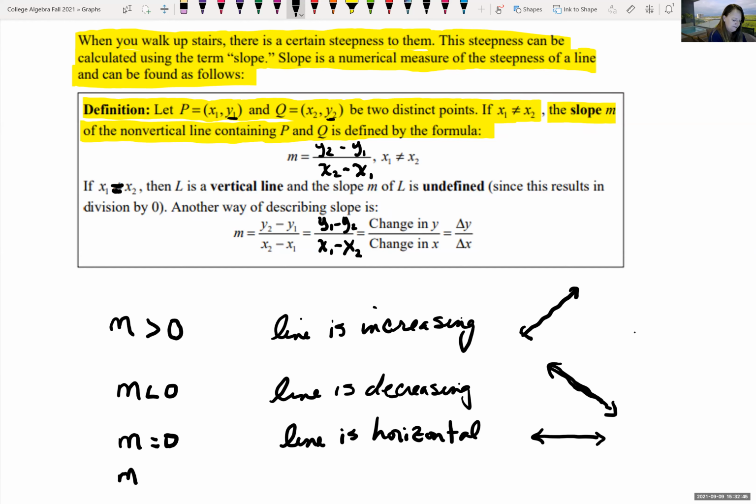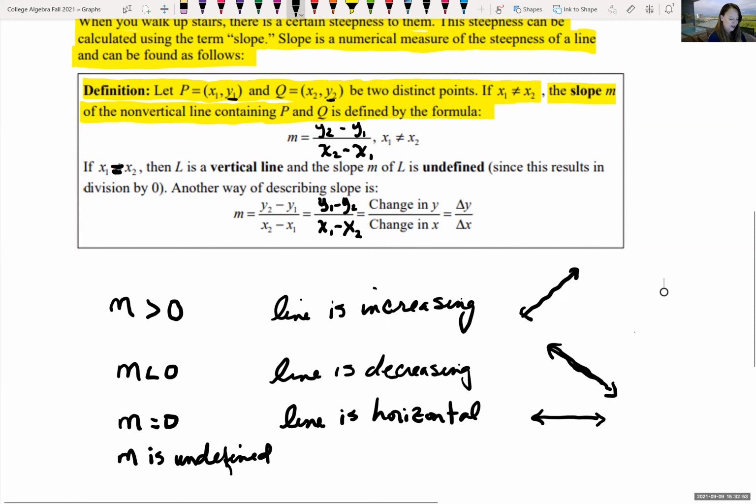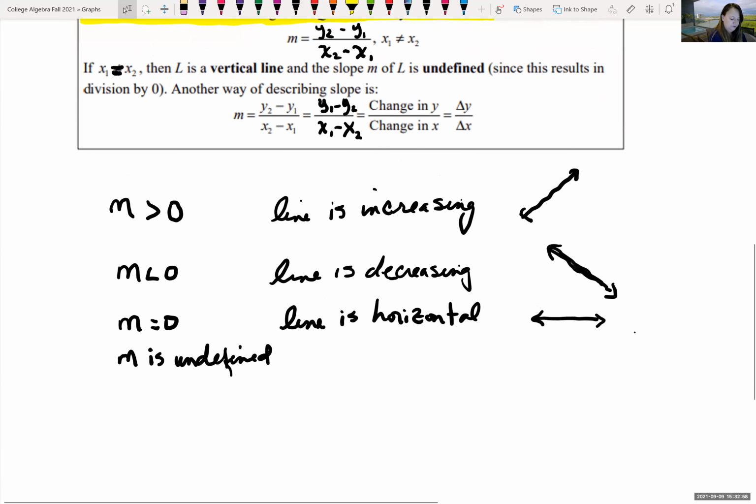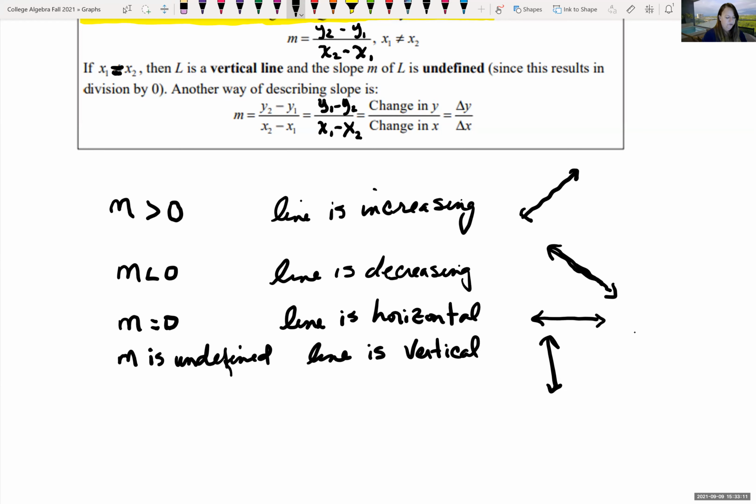If our slope is undefined, that means we had 0 in the denominator, meaning our x values were the same, and it is a vertical line. Horizontal lines are always going to be in the form of y equals some constant k.